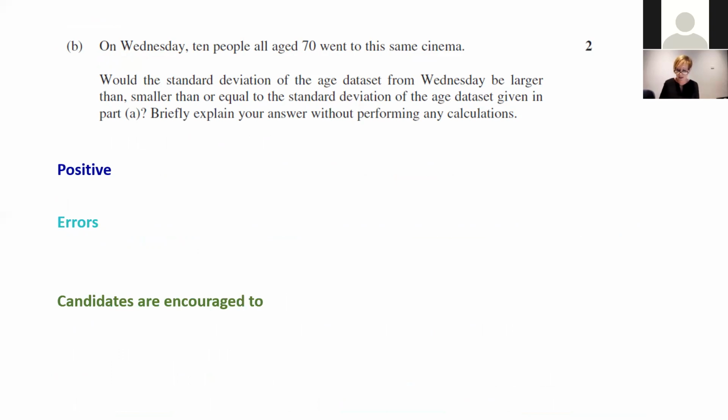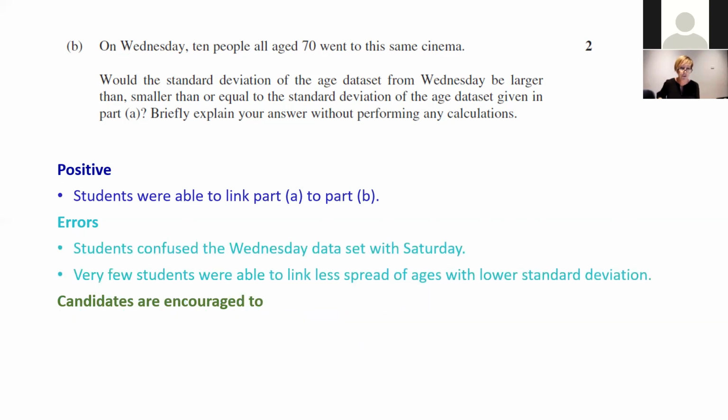And students were able to link part A and B, so they knew that it was all part of the same question. But the errors were that they would confuse the Wednesday and Saturday data sets, and that very few students were able to link the less spread of ages, or the ages being all 70, as a lower spread with lower standard deviation.